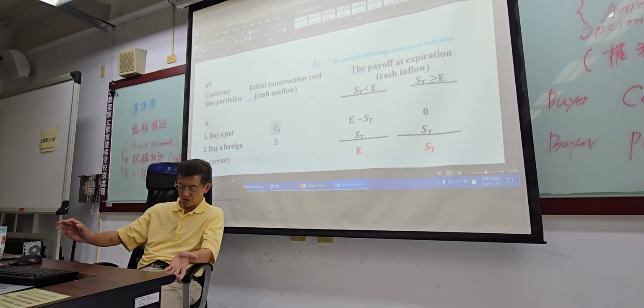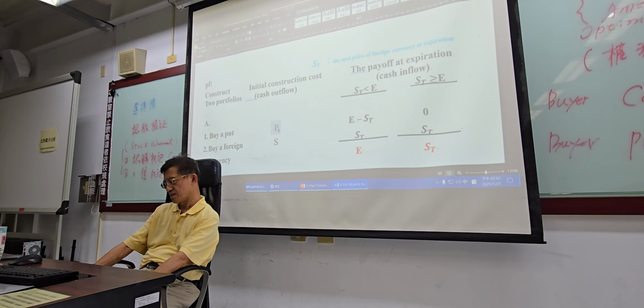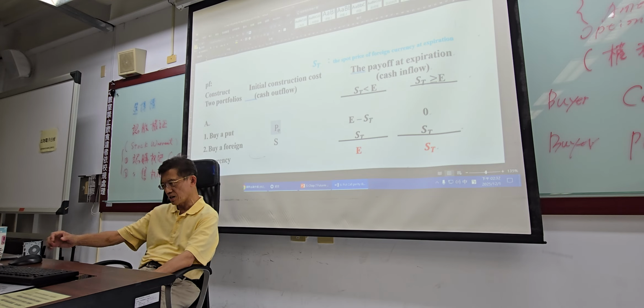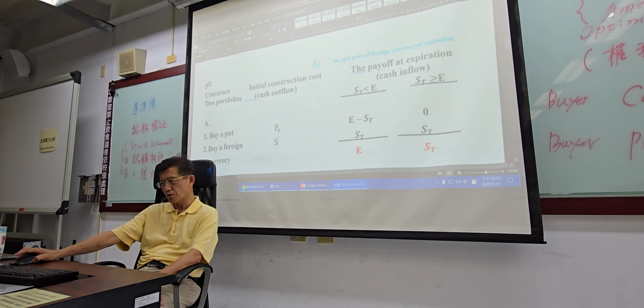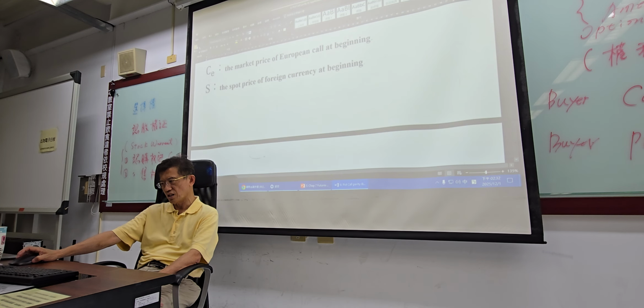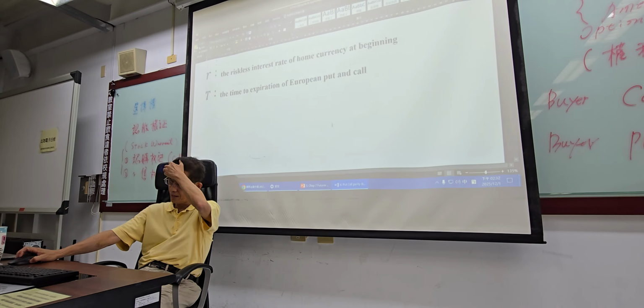That's one part of portfolio A's construction cost. The second cost is capital X. Why is it capital X? As we explained just now, that is the spot price of the foreign currency at the beginning.